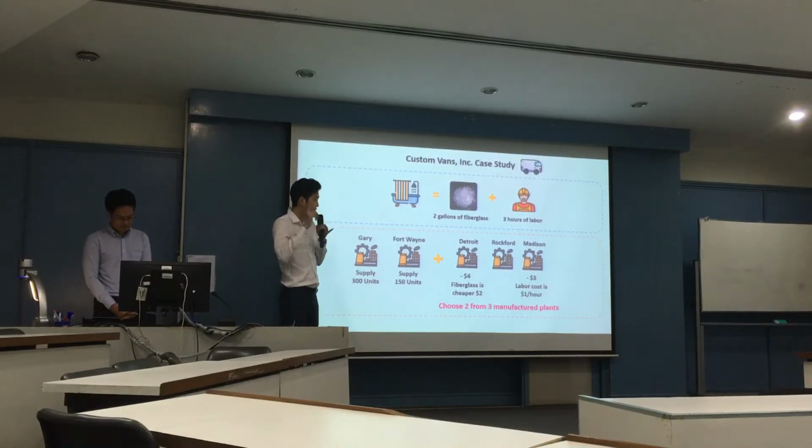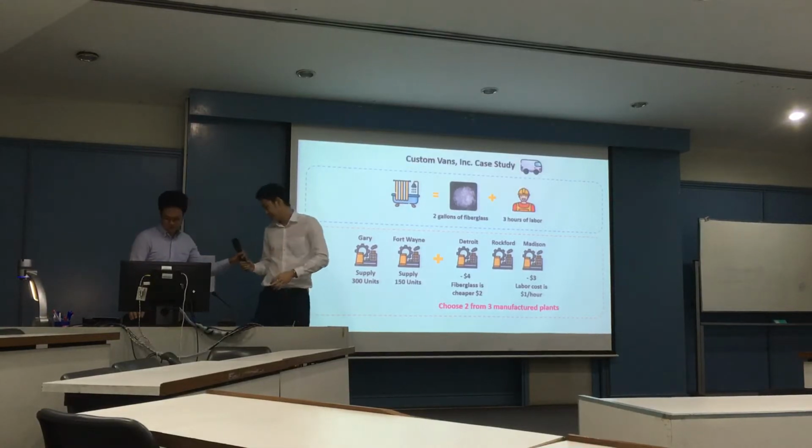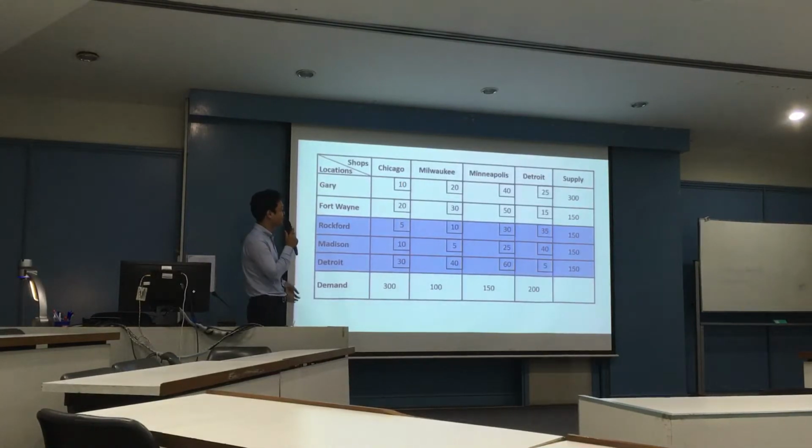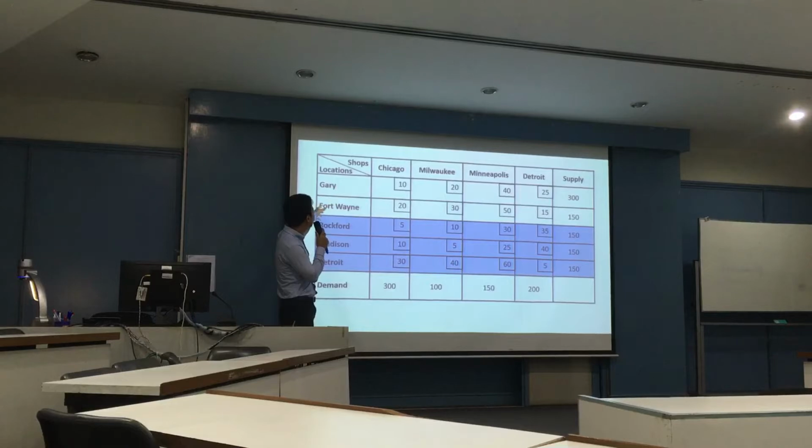So next will be the calculation. We convert all of the transportation costs in the case into the supply and demand level. In the rows are the locations: currently Gary can supply 300 showers, and Fort Wayne can supply 150.